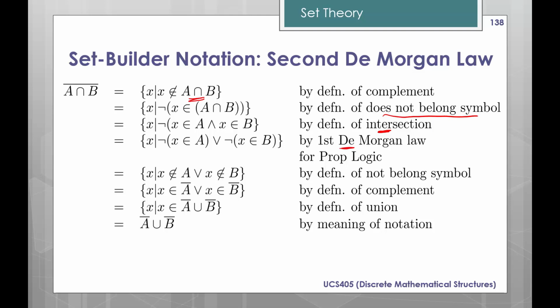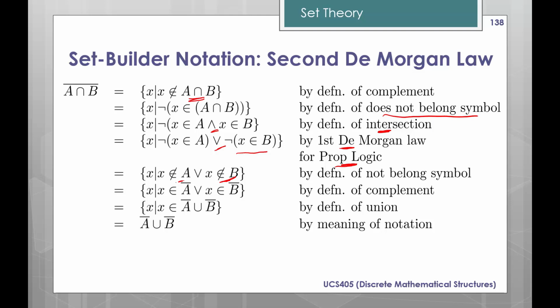By the first De Morgan's law for propositional logic, this AND sign will be replaced by OR, because we are using De Morgan's law: negation of X belongs to A, or negation of X belongs to B.